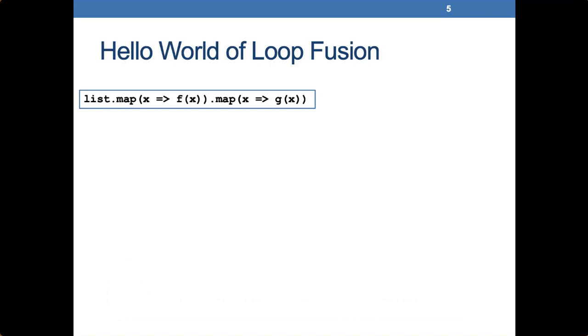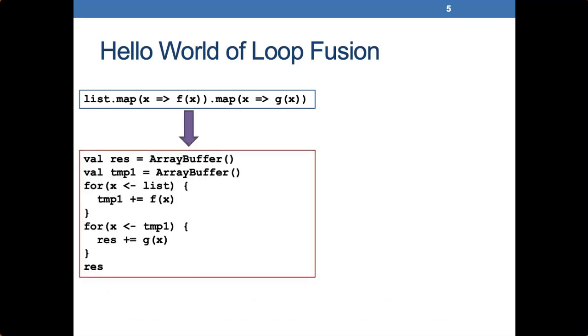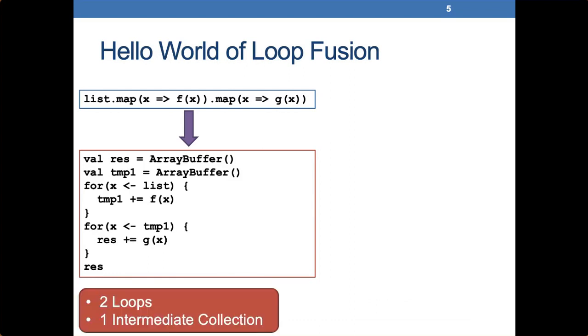And by writing the corresponding imperative code for this functional code, we are going to see that here we are producing an intermediate list, which here we show using temp1, and then we are iterating again over this intermediate collection in order to produce the output. So this means that here we have two loops and one intermediate collection.